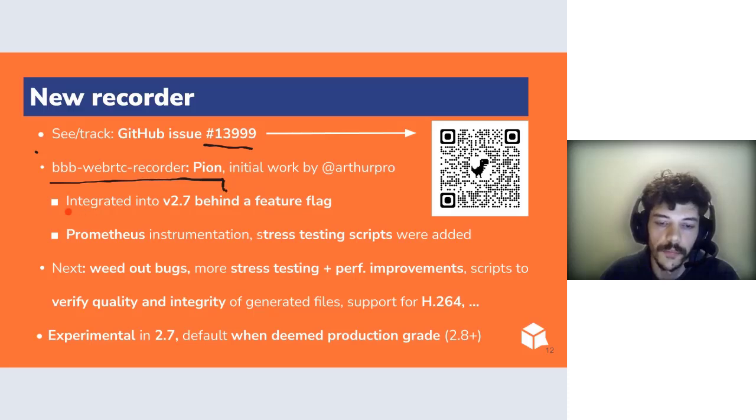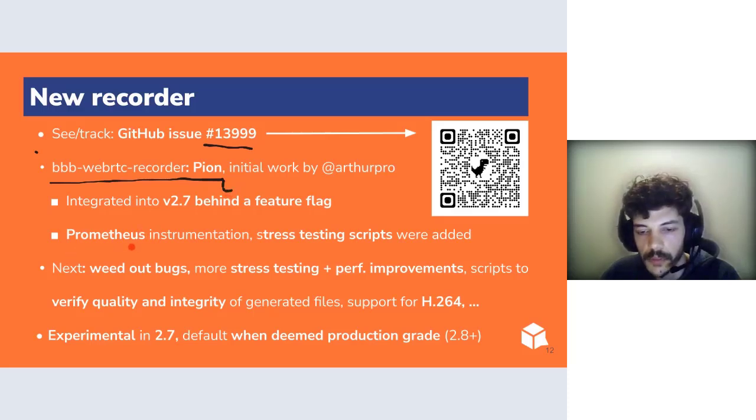We currently integrated that into 2.7 alpha behind a feature flag because it's still very experimental. Kurento is still there, still recording as the default option, but this can be activated. And there's documentation on how to do that in the BigBlueButton 2.7 documentation.